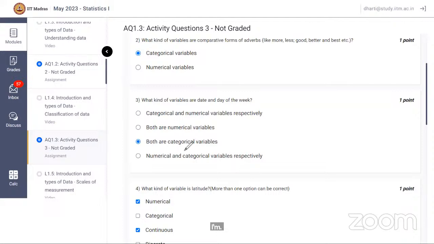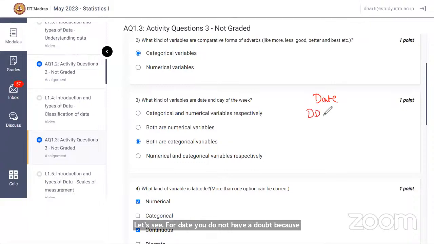We have just discussed categorical in the last session. For date, you do not have a doubt because date is, let's say, in a DDMMYY pattern, so you are very sure that it's categorical. But when it comes to day of the week, day of the week will take any value from 7 possible options. Monday, Tuesday, Wednesday, whatever it is.